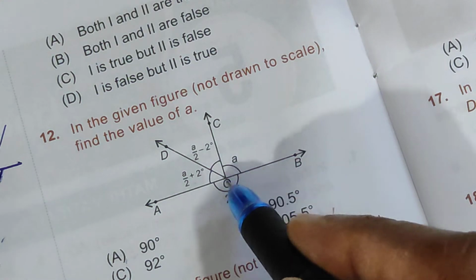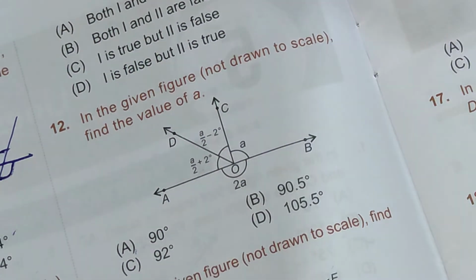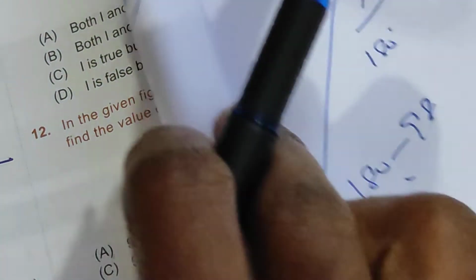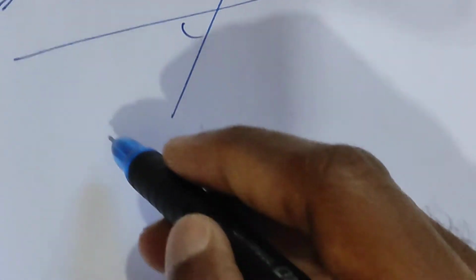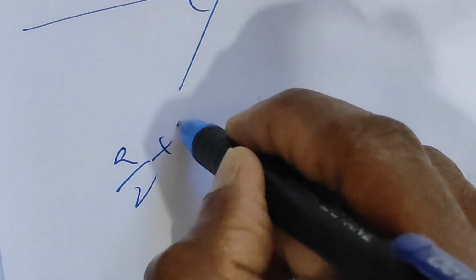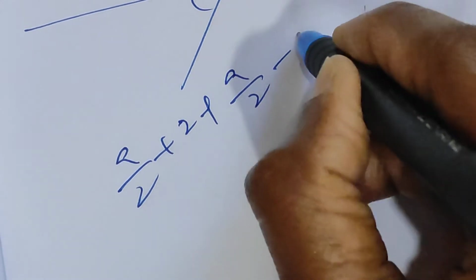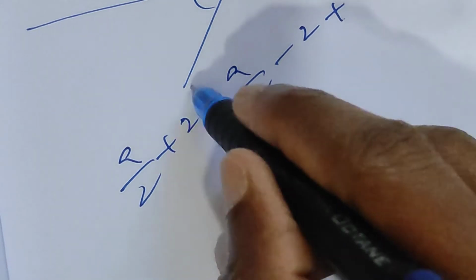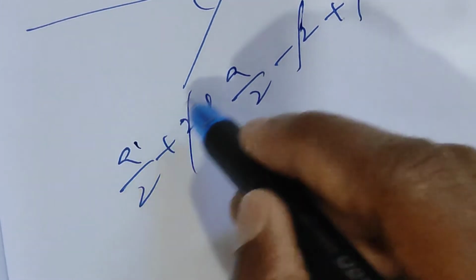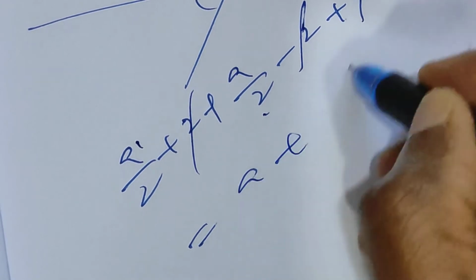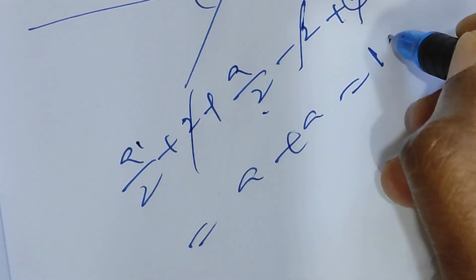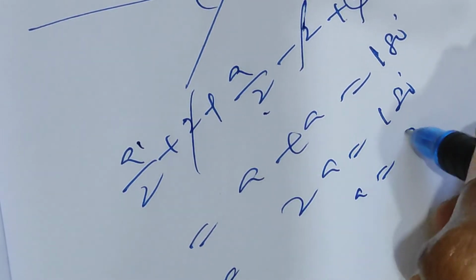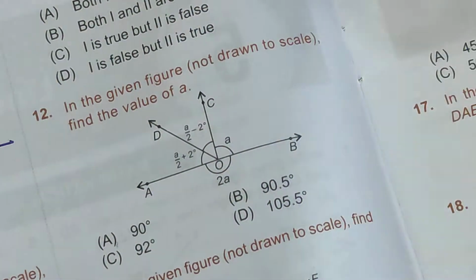So this is simple. The sum of the angles around a point must be equal to 180. A by 2 plus 2, A by 2 minus 2, plus A is equal to 180. 2 minus 2 cancel, A by 2 plus A by 2 is equal to A, plus one more A is equal to 180 degrees. 2A is equal to 180, A must be equal to 90 degrees.